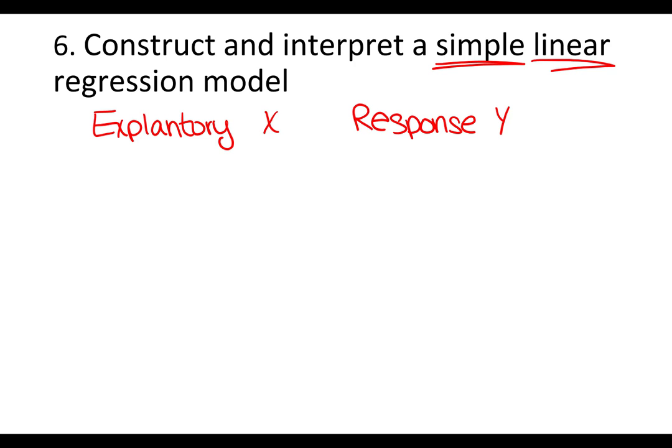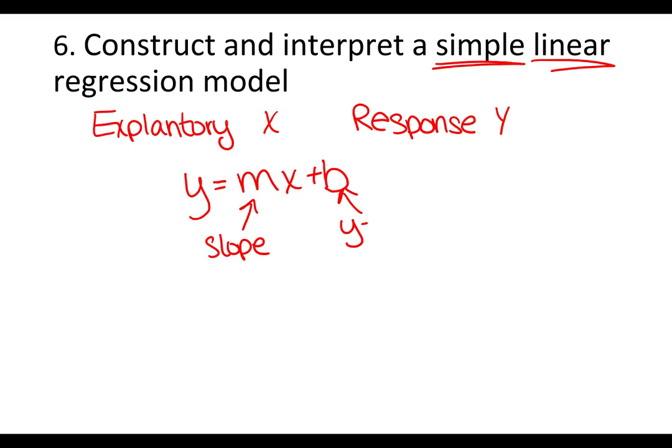The linear part of simple linear regression is that we're going to be computing a straight line. You may recall from an algebra class, y equals mx plus b, where m is your slope and b is your y-intercept.